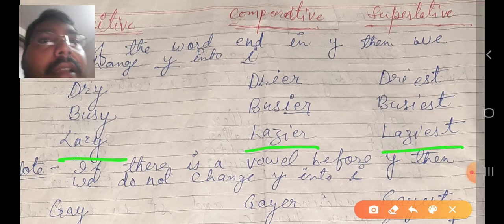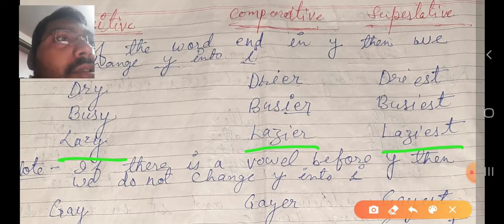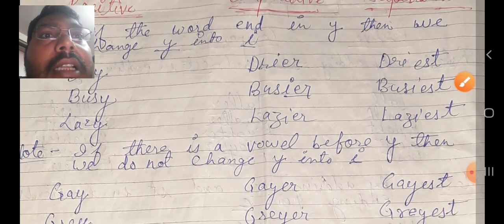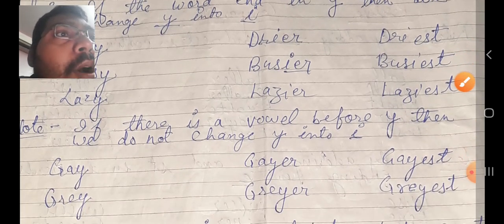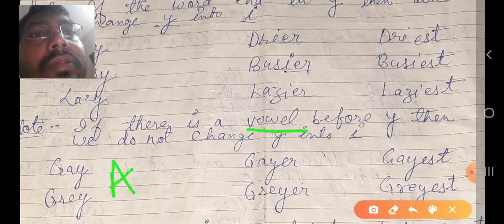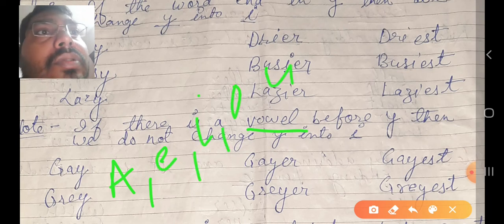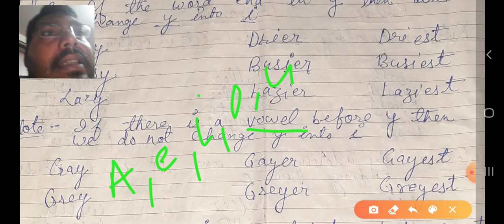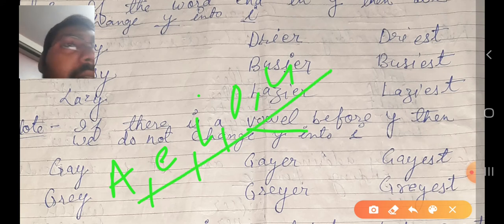Clear? Now you need to note that if there is a vowel before Y, you know A, E, I, O, U, these are the vowels, there are 5 vowels, everybody of us knows about it.